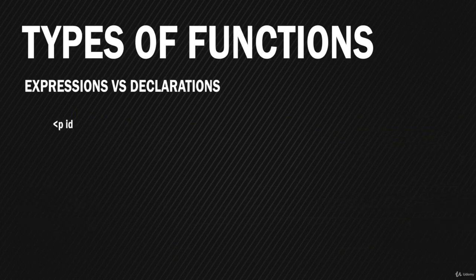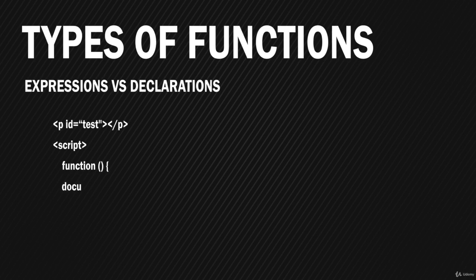Say we have a paragraph element with an ID of test in our HTML. And all we want to do is we want JavaScript to run code that places a string called yay in that paragraph. How would we go about doing that? Well, of course, we first need to start off with a script tag. Then let's define a function expression. We are not doing a declaration here. We're doing a function expression.